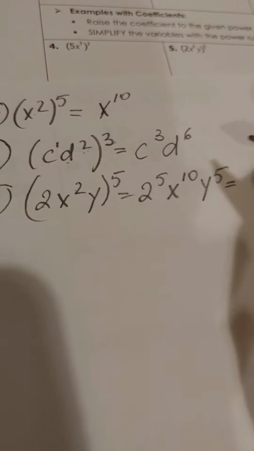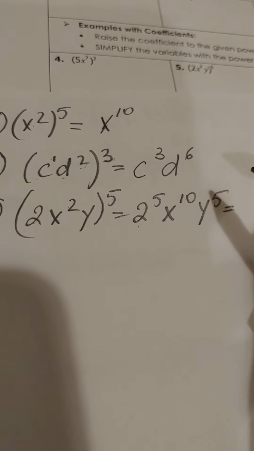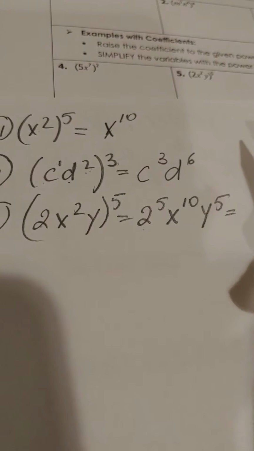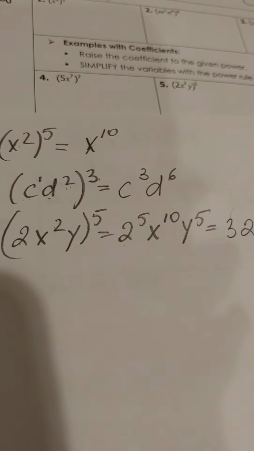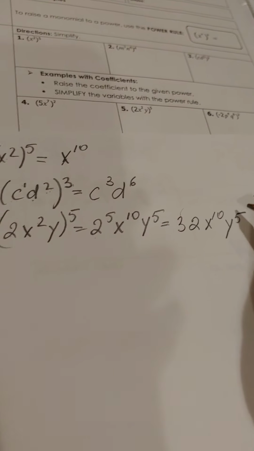Here we can simplify a little bit. We do know that 2 to the 5th power is 32. Let's check. 2 times 2 is 4, times 2 is 8, times 2 is 16, times 2 is 32. So the final answer is 32, x to the 10th power, y to the 5th power.